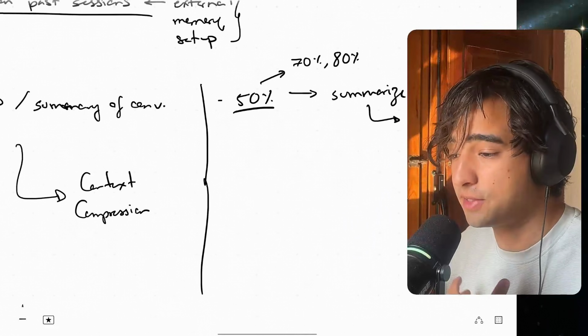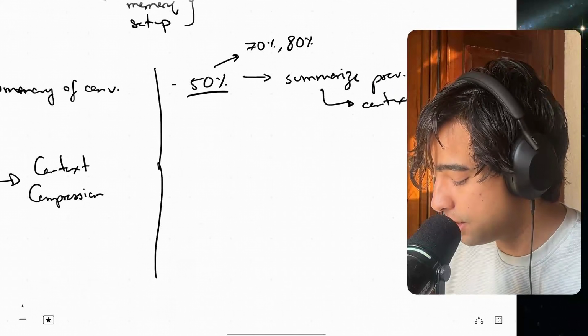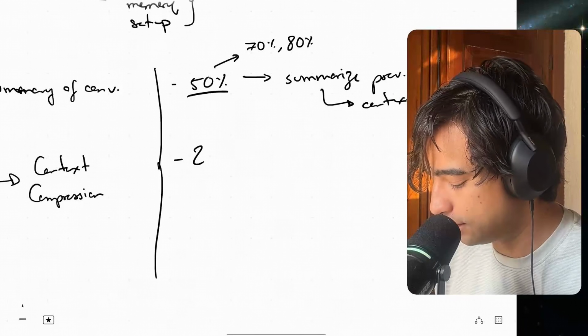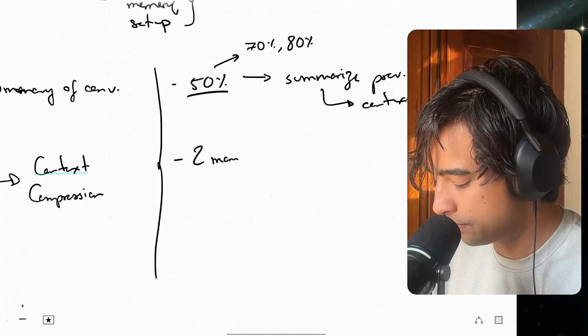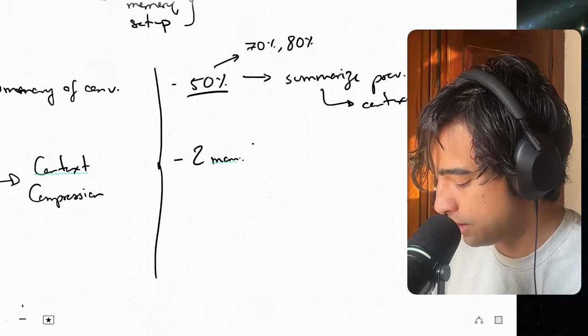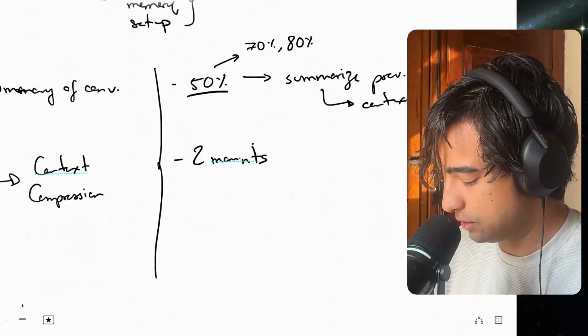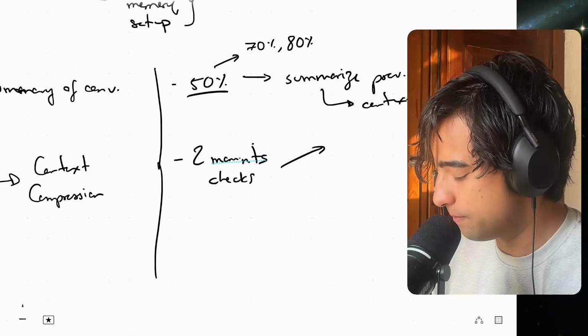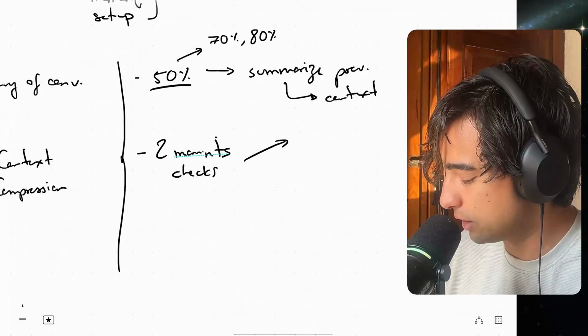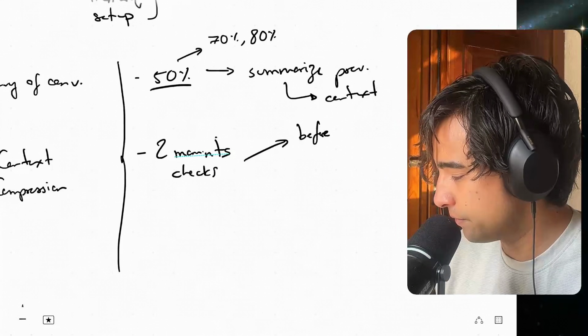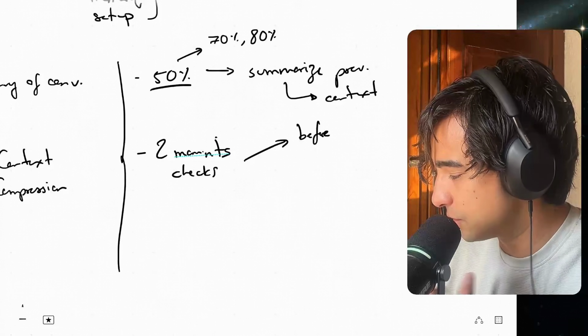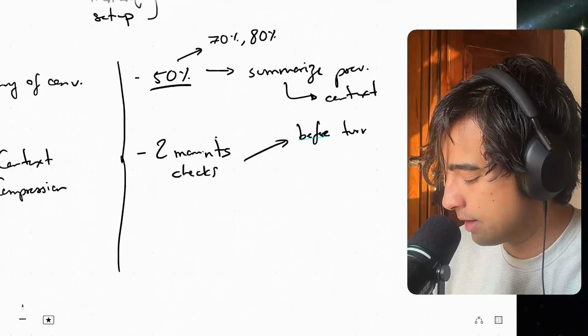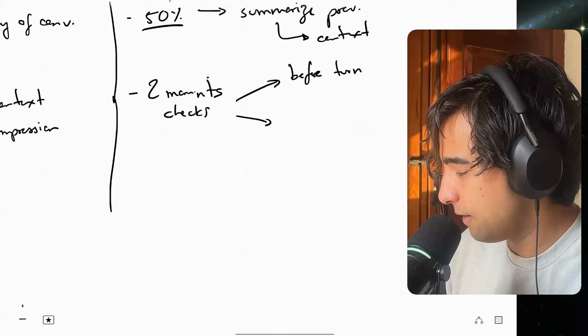And when does it actually check the compression? So it checks at two different moments. And these two moments are, first of all, before each message, so before the language model is called, so before each turn. And second, on error.